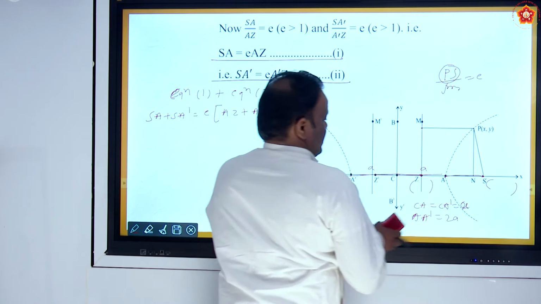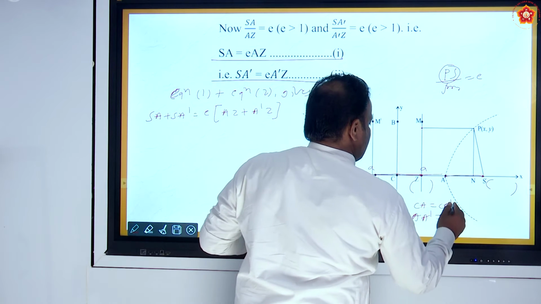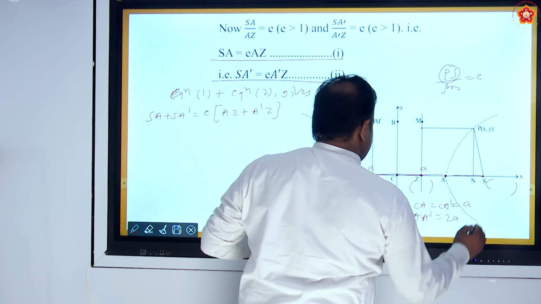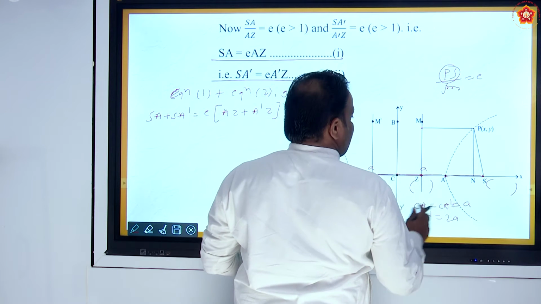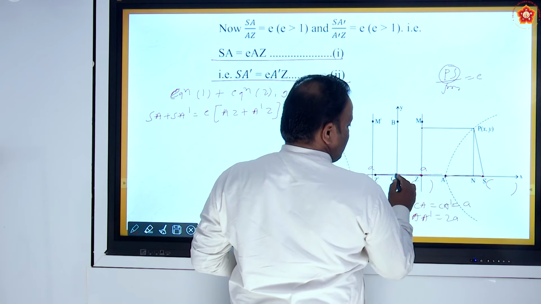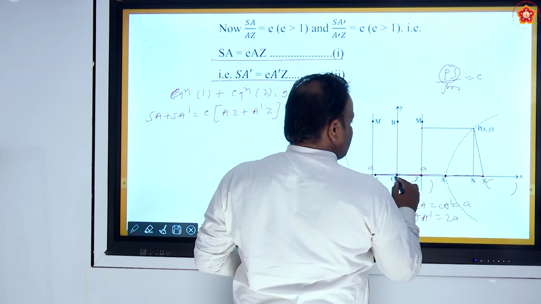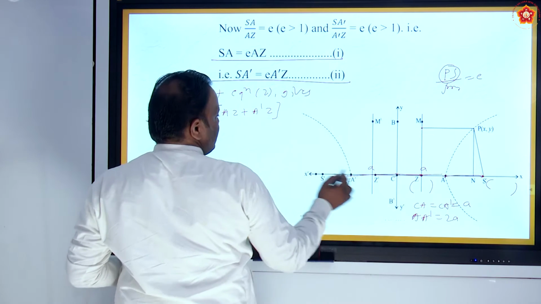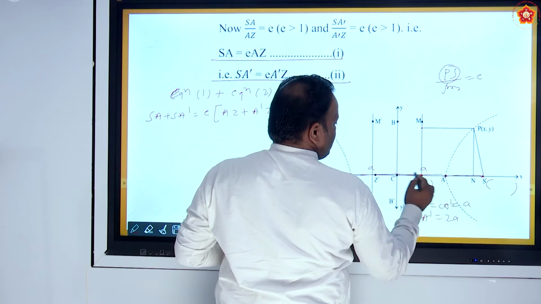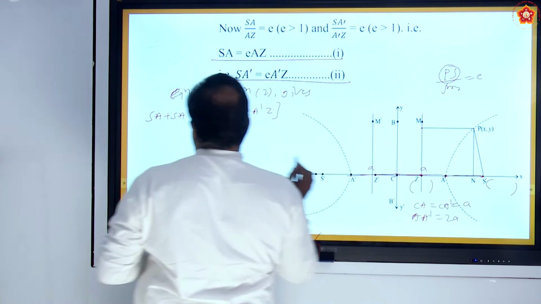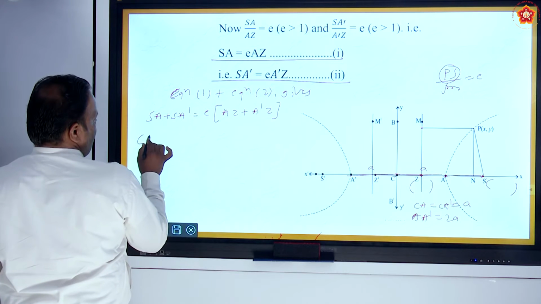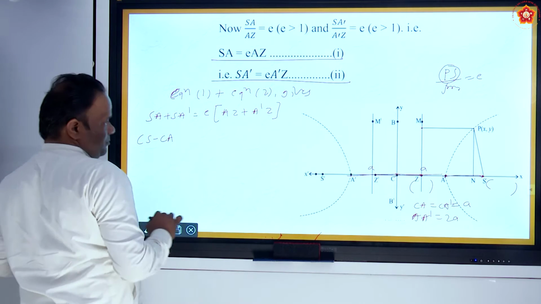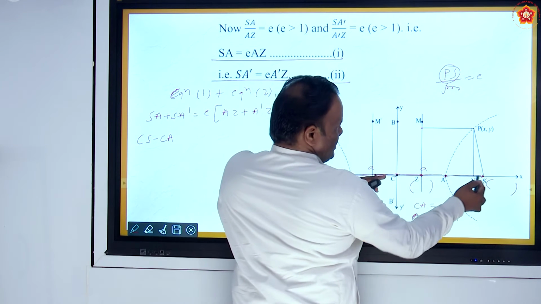So SA, taking C as the origin, can be written as CS minus CA. We need SA, the total length minus CA.